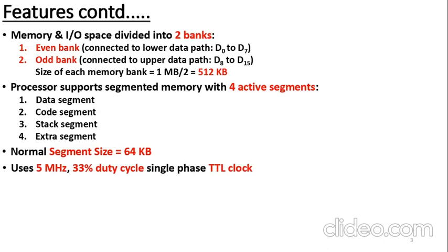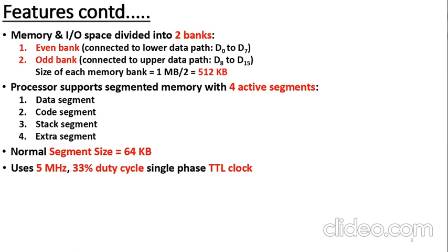Next is processor uses 5 megahertz 33% duty cycle single phase TTL clock. 5 megahertz is the clock frequency which is optimum. 33% duty cycle clock means that within a single clock cycle here, for 33% of that period the clock will be at logic 1 and for the remaining 67% the clock will be at logic 0.